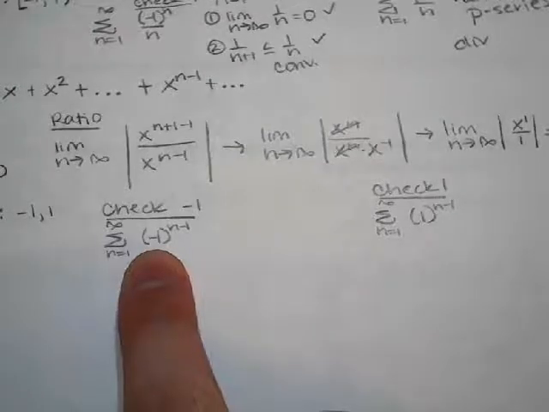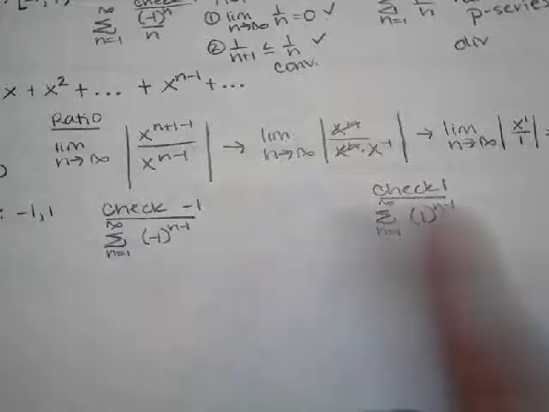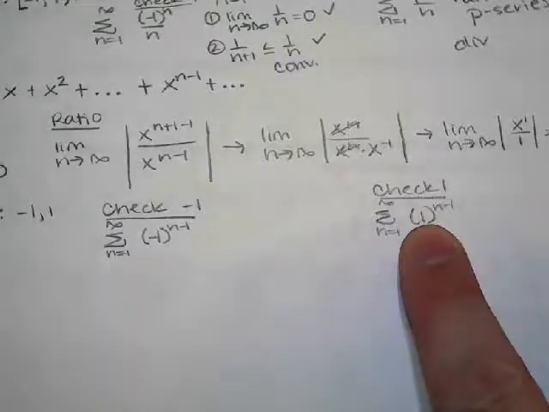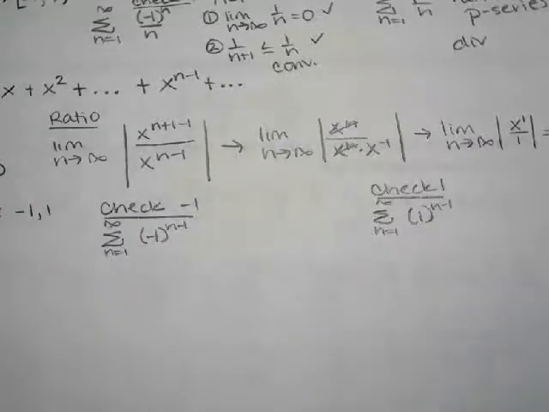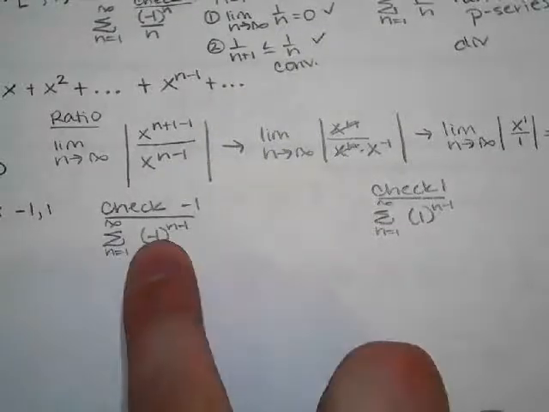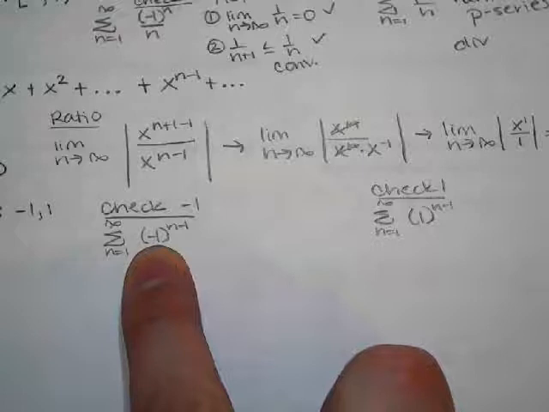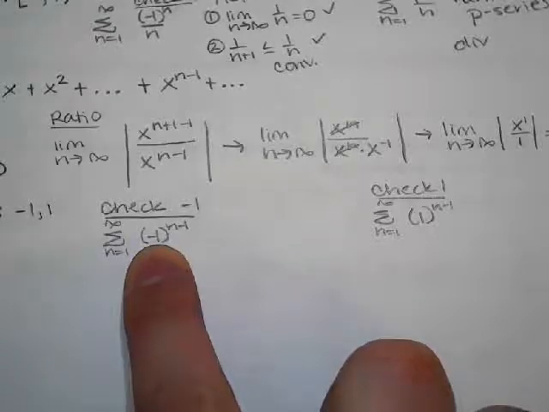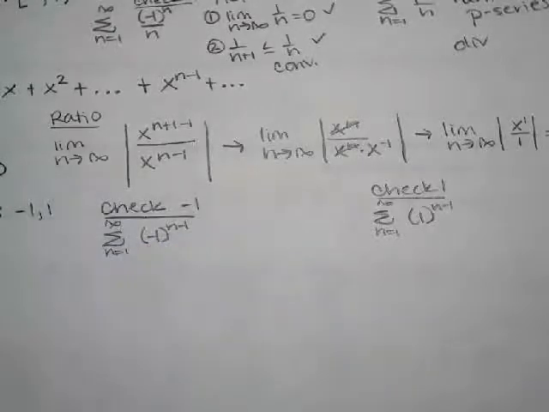Nth term test with this one, you'd have +1, -1, +1, -1, +1, -1, so ±1 oscillating as it goes to infinity. Here, +1 as you go to infinity. Yep, +1. So either way, whichever test you end up doing, you're going to get diverges. It doesn't really matter.